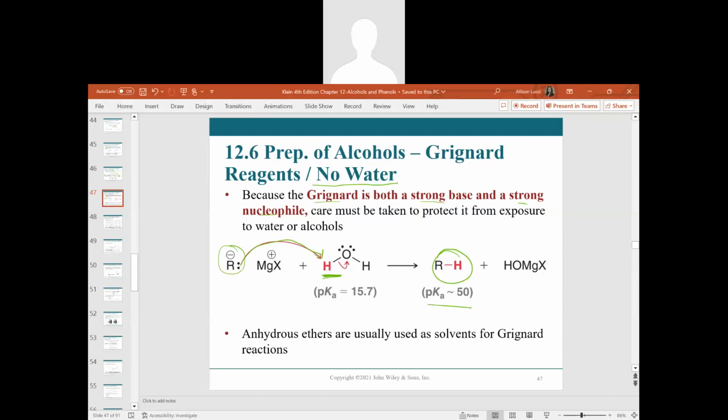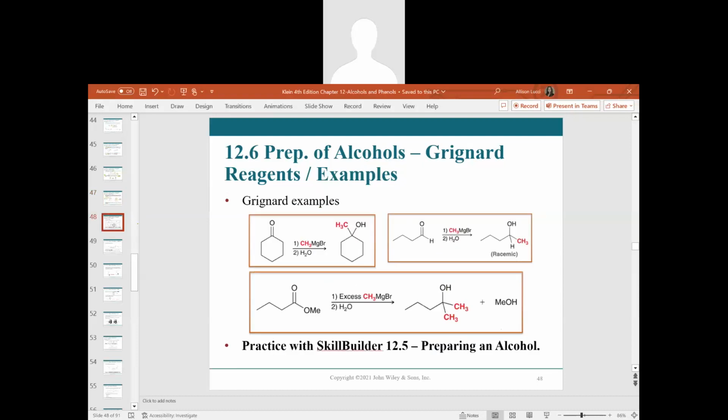The pKa is around 50. This is not our target compound either. So to ensure that we don't have water, our solvent, reacting with our Grignard reagent, commonly we can see something called an anhydrous ether used as our solvent because it does not react with the Grignard in the same way.